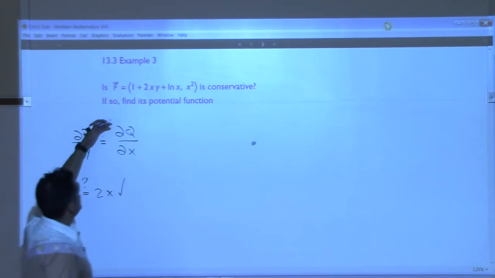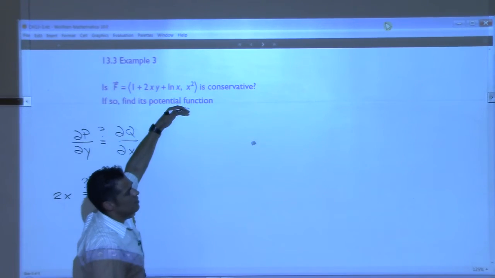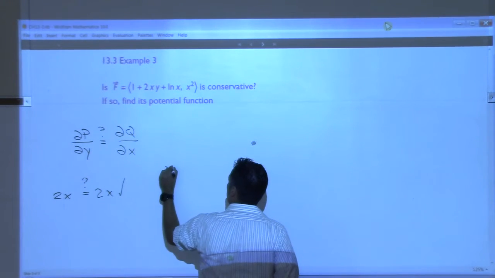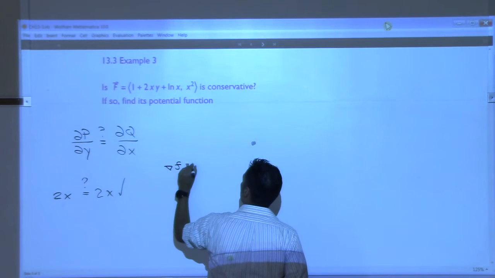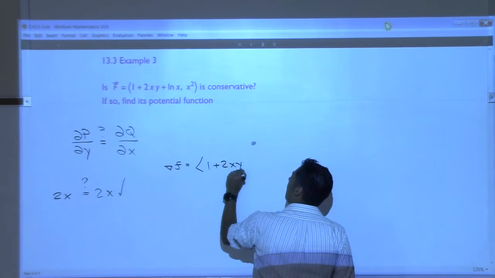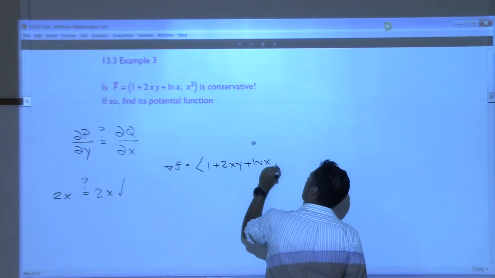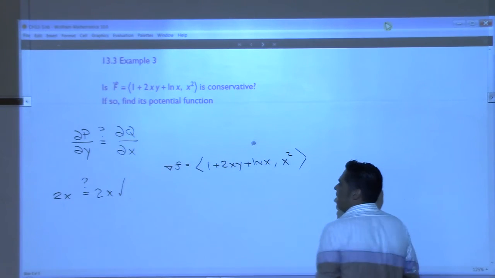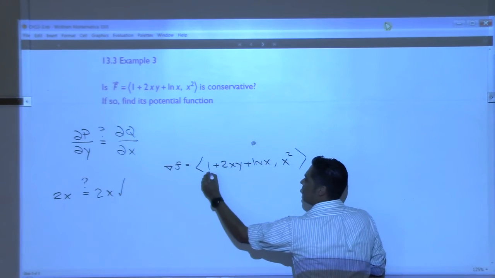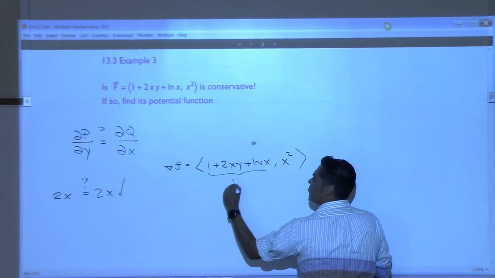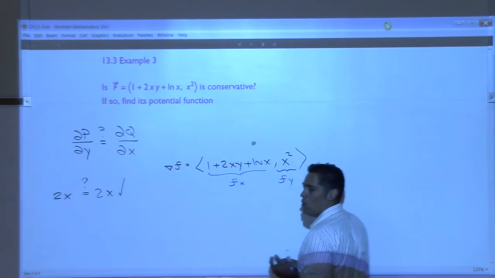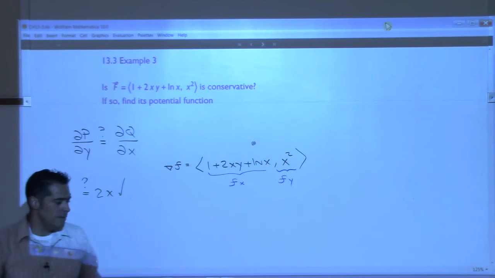What we know is that this is conservative, which means this right here is the gradient of some scalar function. We know that because of this check. We know that this is equal to that, and by definition, that means that this is the partial of our scalar function with respect to x, and this is the partial of our scalar function with respect to y.